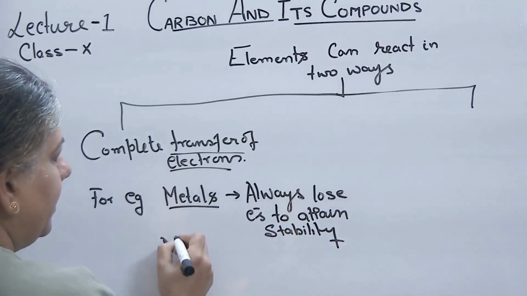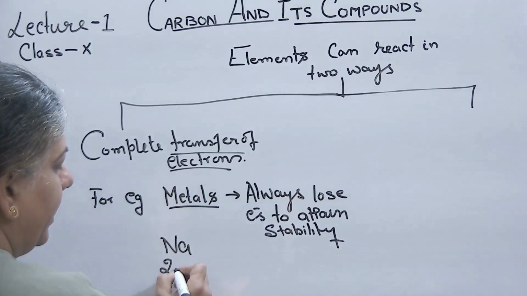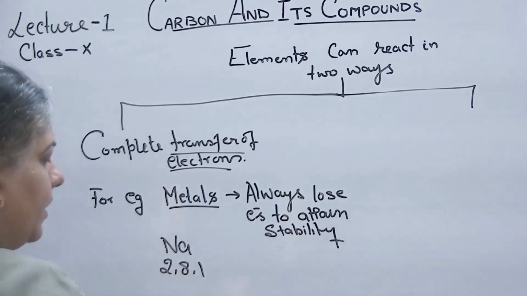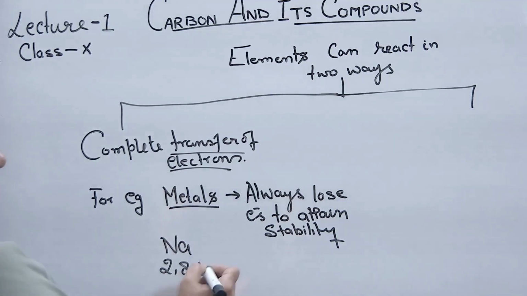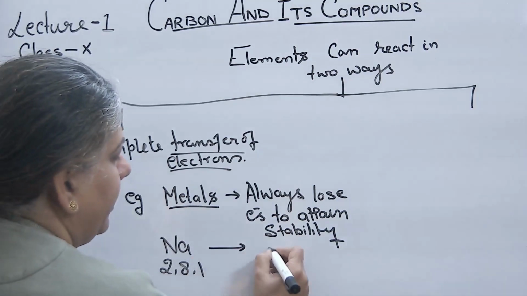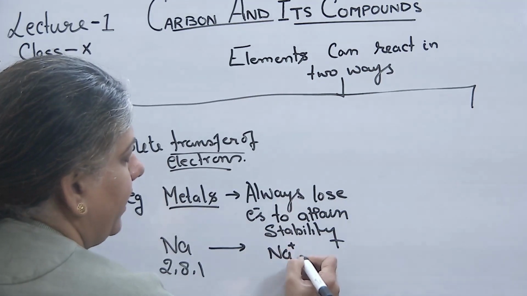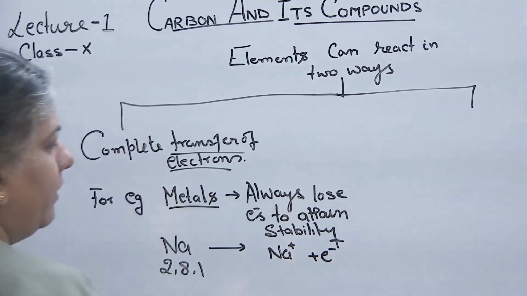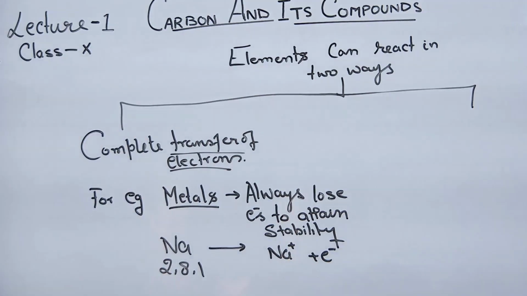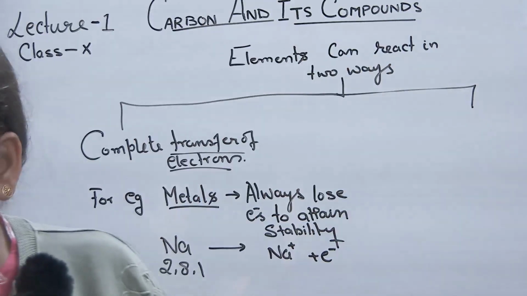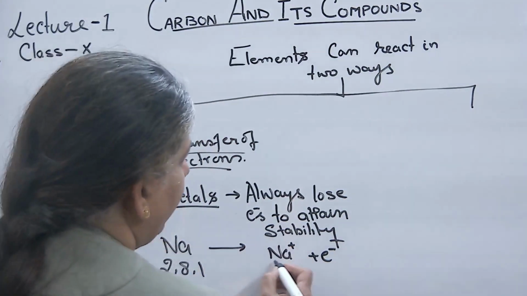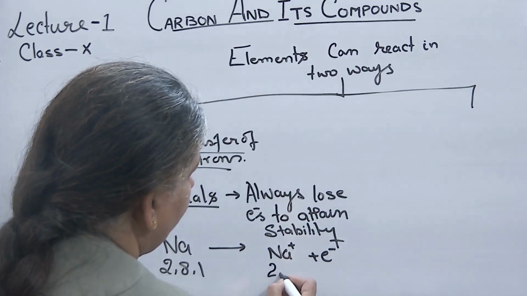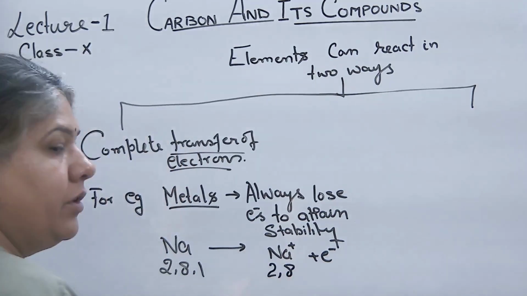For example, sodium configuration is 2,8,1. Its atomic number is 11. So to attain noble gas configuration, it will give away its one electron. Metals always lose electrons to gain stability. So here the configuration is 2,8.